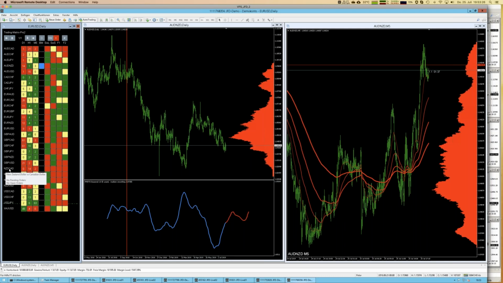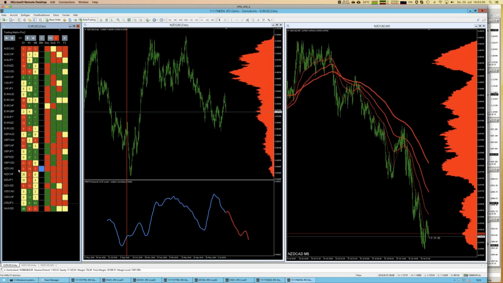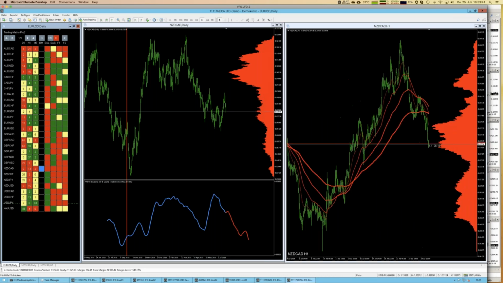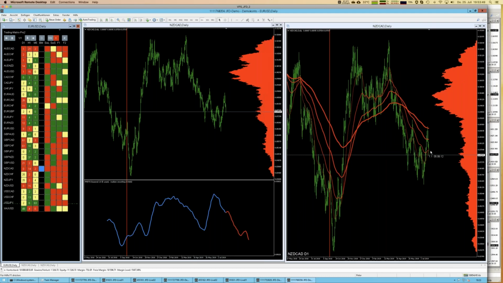You see here, New Zealand dollar, Canadian dollar, everything is red. Oh, but what does it mean? That means on a 5-minute chart, we are below all the 4 EMAs. On an H1 chart, we are below all those EMAs. On a daily chart, we are just on the edge.